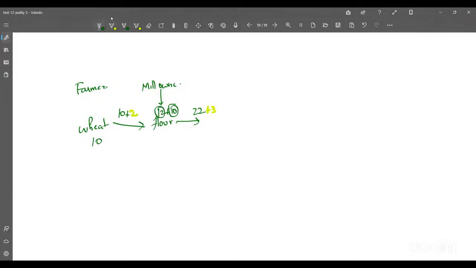So the next stage, there is this bakery owner. He buys this flour and bakes it into bread. Let's say he's buying it for 25 rupees, and he adds a value of 10 rupees again, so the total value of the bread now is 35.